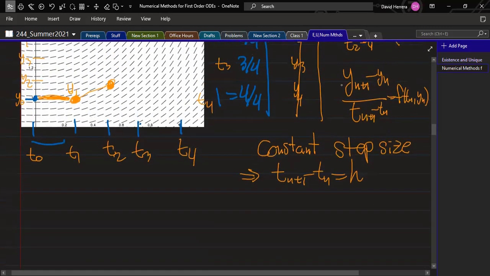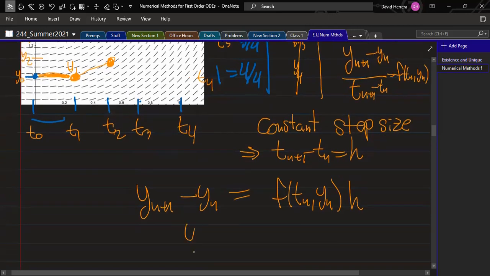And what we want to do is find the height that we get to by following the slope. So we say that we're going to solve for yn plus 1. We first move this thing over here. F of tn, yn. This thing is just h, so we just write h here. Then we solve for yn plus 1.